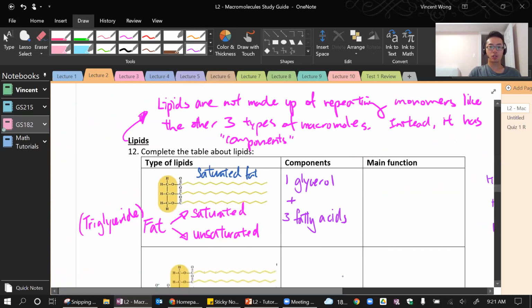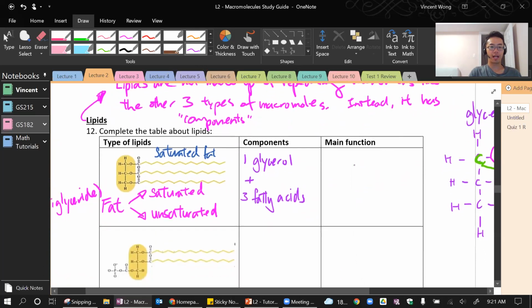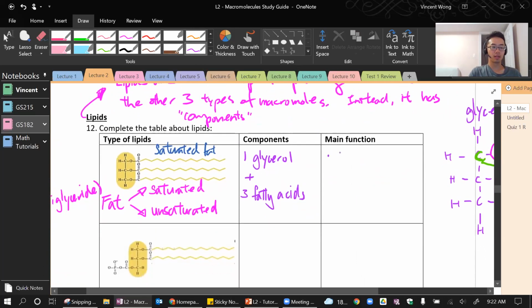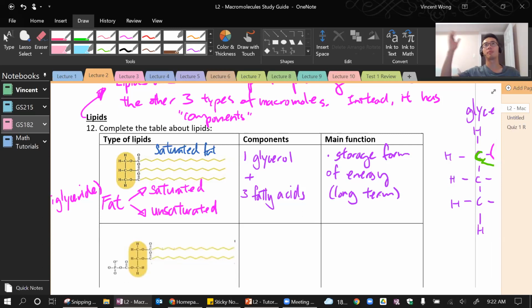What is the main function of fat? Well, fat is important for storage form of energy, more like long term compared to glycogen. Glycogen is short term. Like if you didn't eat breakfast this morning, you just got up and you're like, oh, I gotta go to a lecture. You did not eat breakfast.